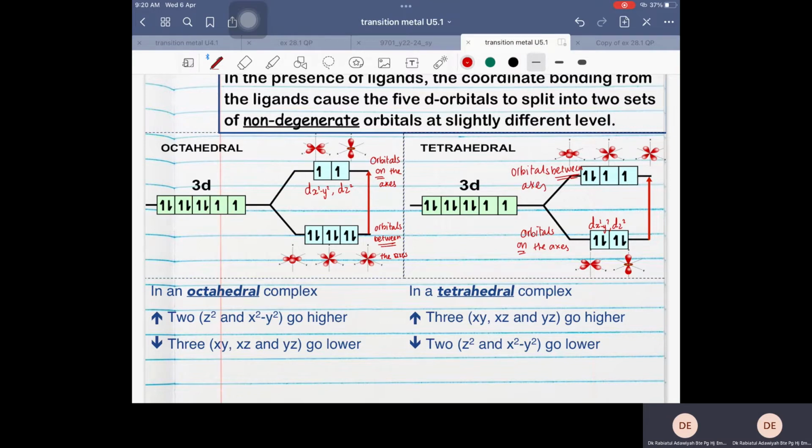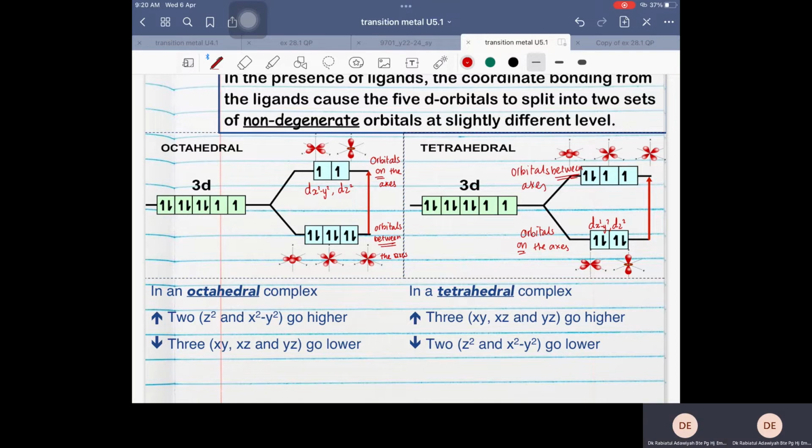For octahedral, electrons in the dz square and dx square minus y square line up exactly with the lone pair of the ligands, where they form the dative coordinate bonds. The electrons in the dative bonds repel the electrons in the dz square and dx square minus y square more than dxy, dxz, and dyz. Repulsion increases the energy of these two orbitals more than the other three.